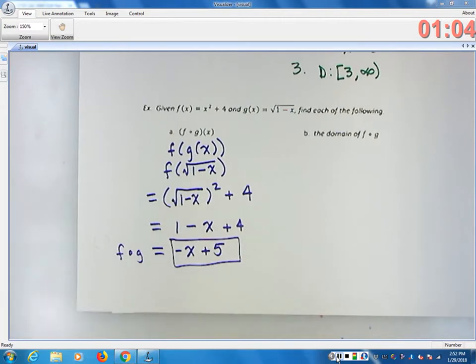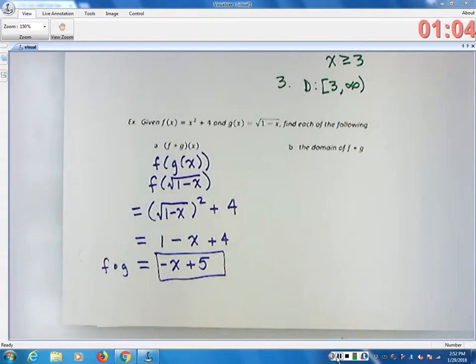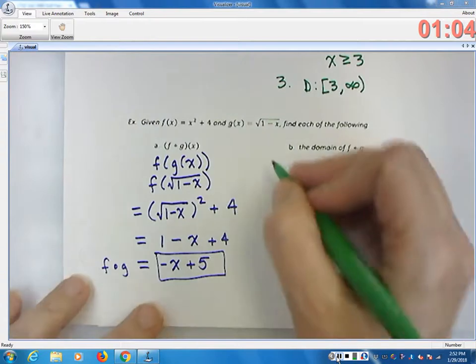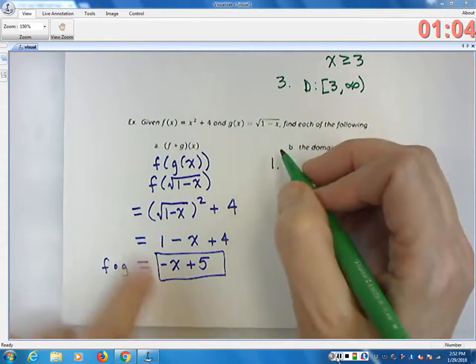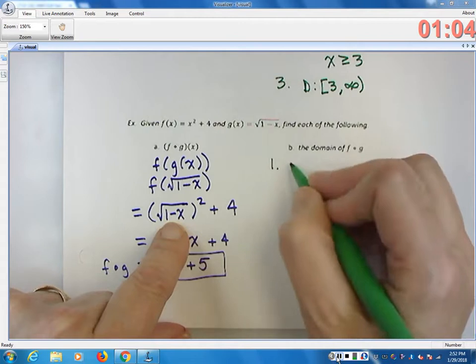And you might be tempted to say there's no restrictions to the domain, but there are, because we have to look at the unsimplified function. So step 1, we look at the unsimplified function or the inner function's restrictions.